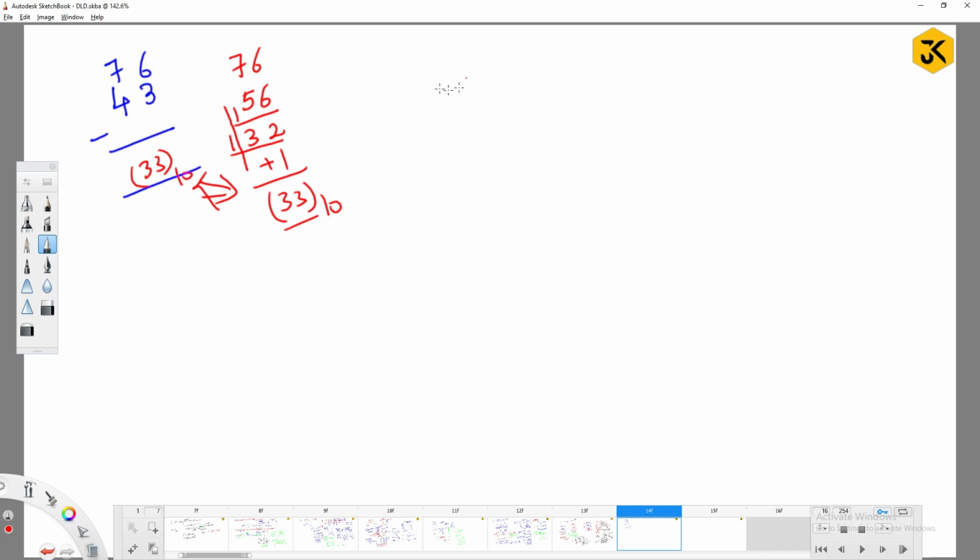Okay. The same thing try to do in another format. Reverse: 43 minus 76. You need to get minus 33 base 10. So 43 is as usual. Minus 76 complement is 23. If you are going to add 66, right?